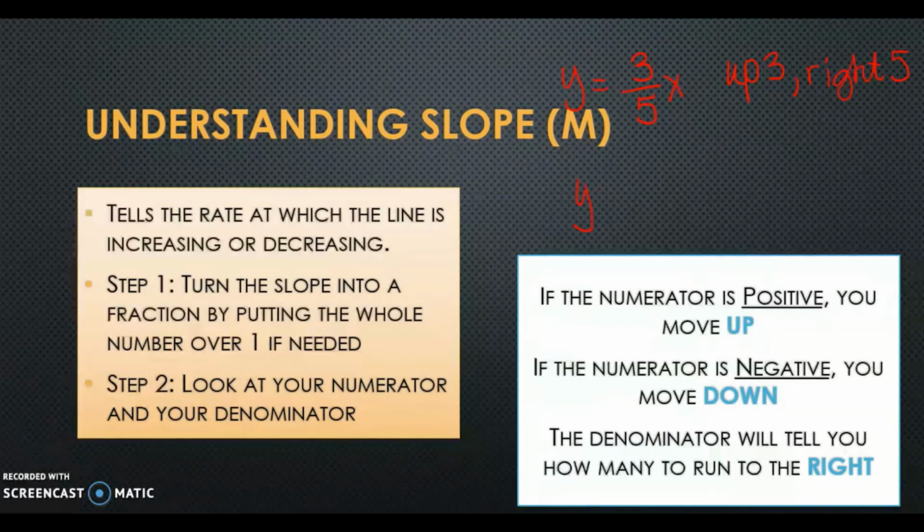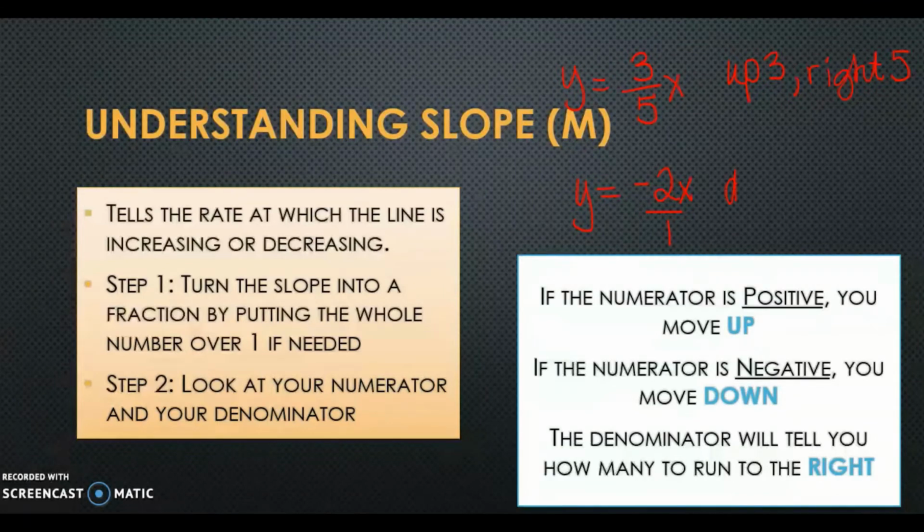Let's say that we had a slope that was negative 2. This is one of those that I was talking about in step 1. If it's a whole number, you always put it over 1. So in this one, we would go down 2, and you still run right. Always run right. And we would run right 1.